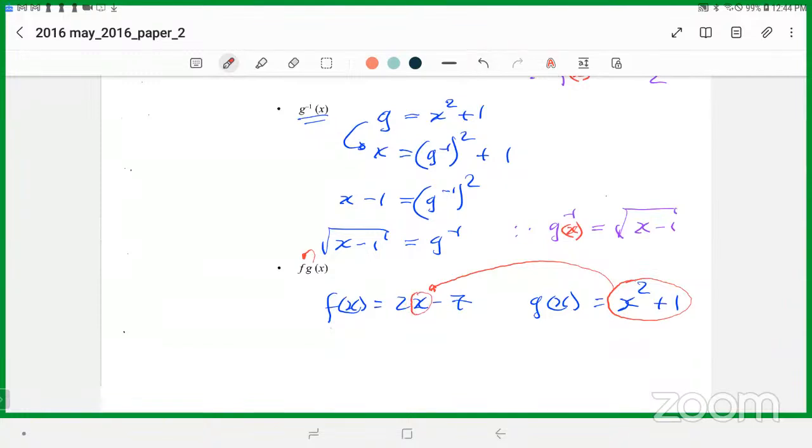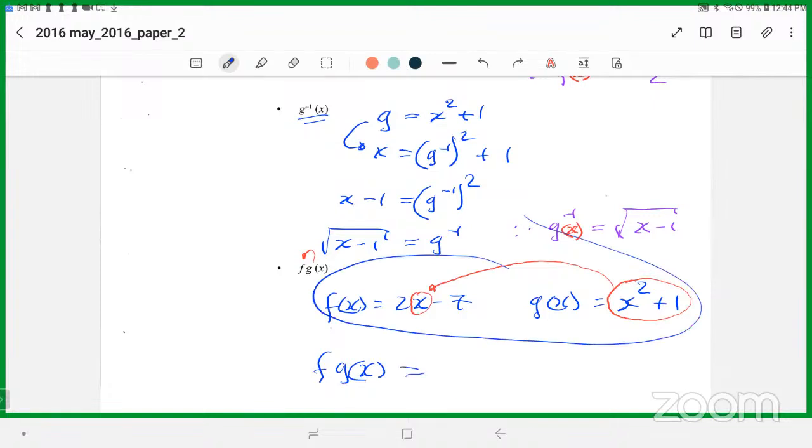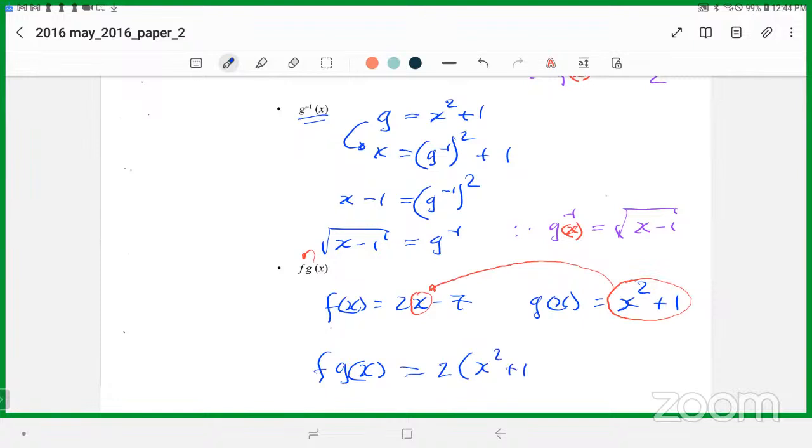Composite them. All right. And so our f of g of x is going to be this construction that I'm showing in red: 2 times x squared plus 1, where the x was, I'm placing all of the g, and then I'm going to have the minus 7 right here.